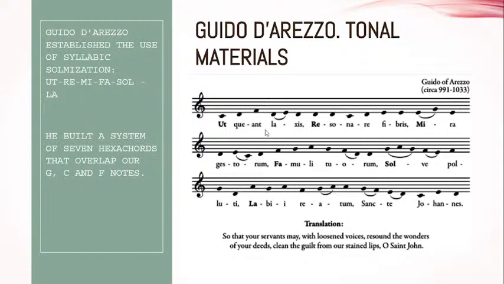If you had: Ut queant laxis, resonare fibris, mira gestorum, famuli tuorum, solve polluti, labii reatum. Each phrase, you see, because you have a comma, starts on ut, re, mi, fa, sol, la.